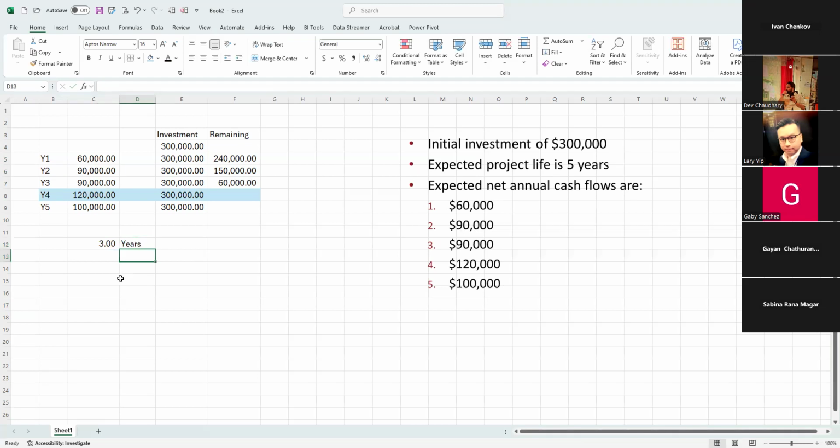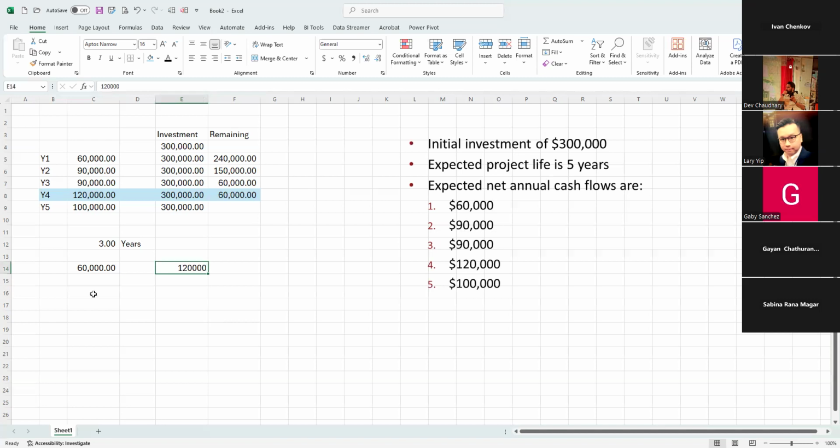Now the question is, when in the 4th year are we recovering our investment? On the 4th year we have to recover only $60,000, and during the 4th year we recover 120,000.